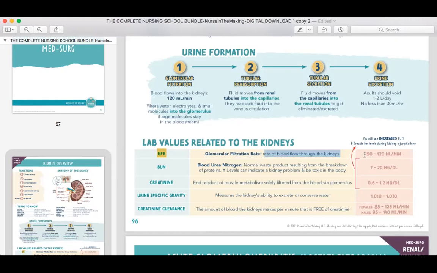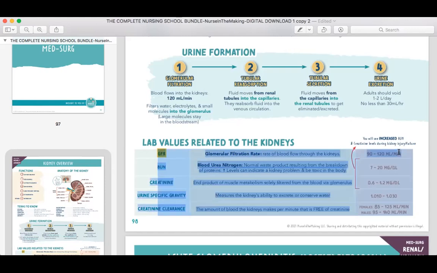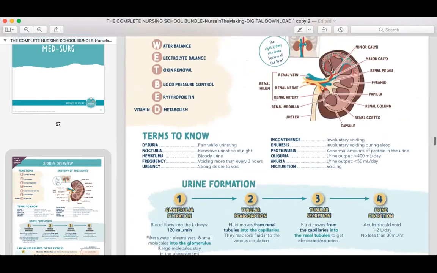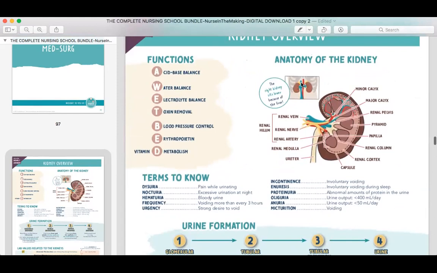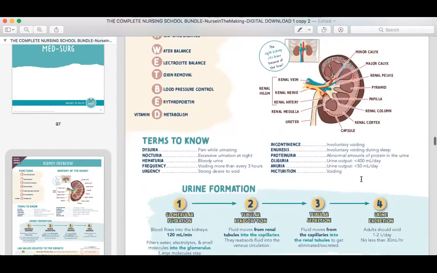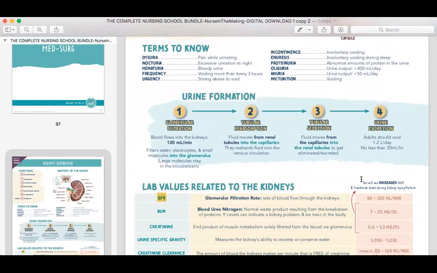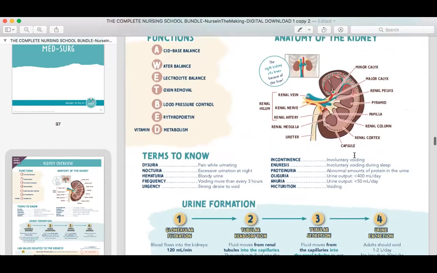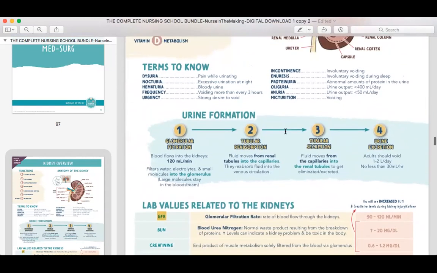So you want to keep it between 90 and 120 milliliters per minute, because that means that the blood flow coming down from, I believe, the inferior vena cava, and comes in through the renal vein, is accurate and it's getting filtered out and everything.